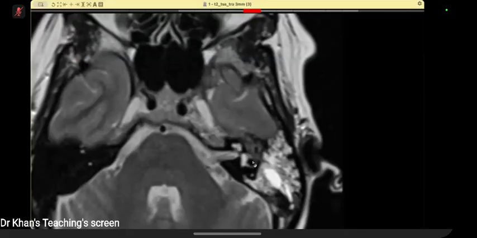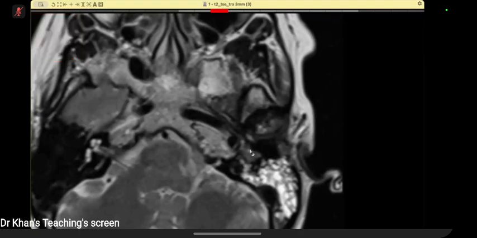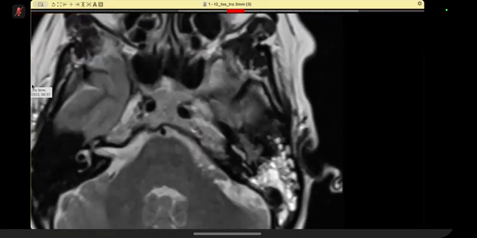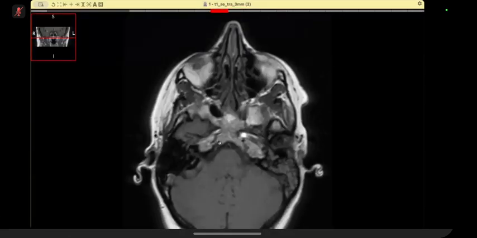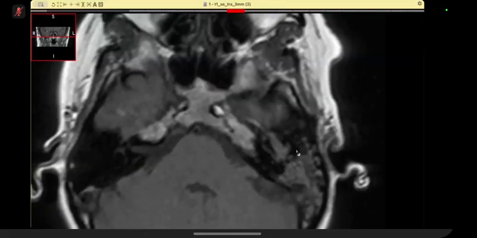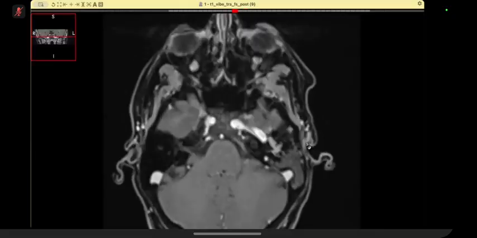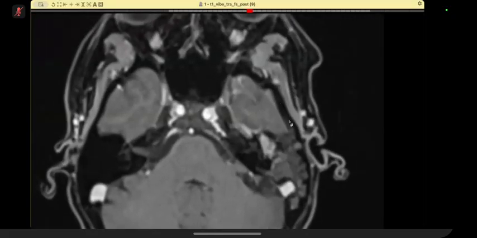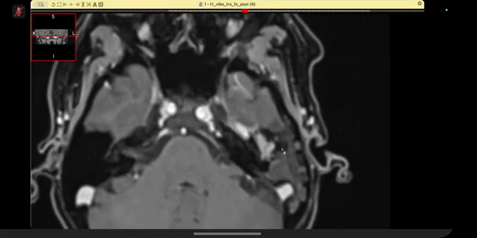So cochlea and vestibule, lateral semicircular canal, it is filling it up. This is the pre-contrast T1, and this is how it looks. There was no restricted diffusion, by the way, in this case.